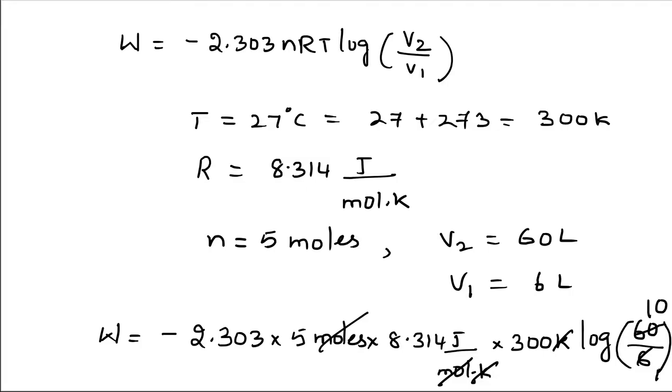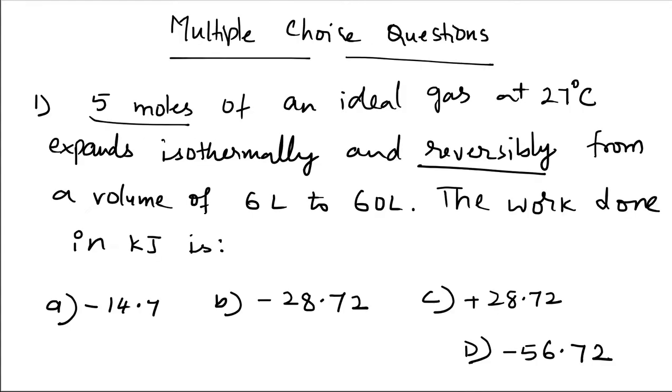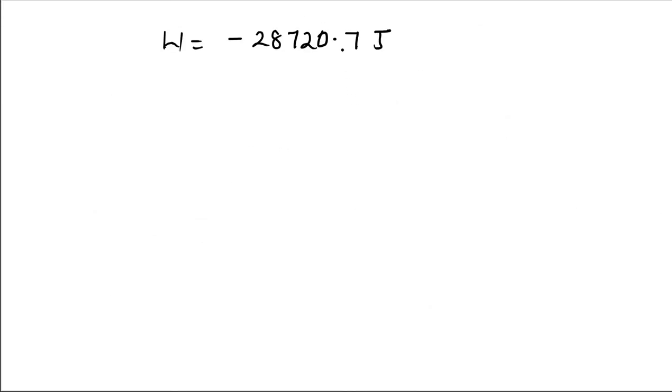So I got the work value as negative 28,720.7 joules. So do we have that number in the answers? No. We have very simple numbers, 14.7 and 28.72. But actually we have to report our answer in kilojoules, and here we have our answer in joules.